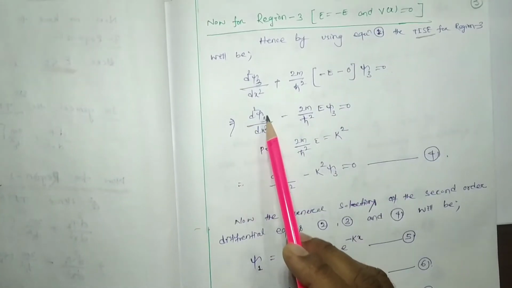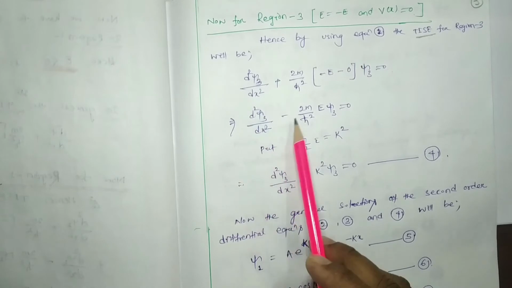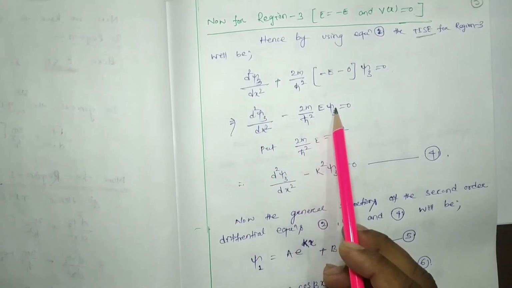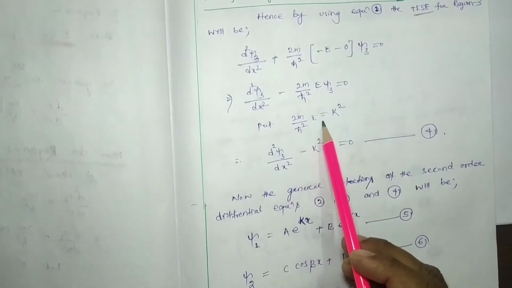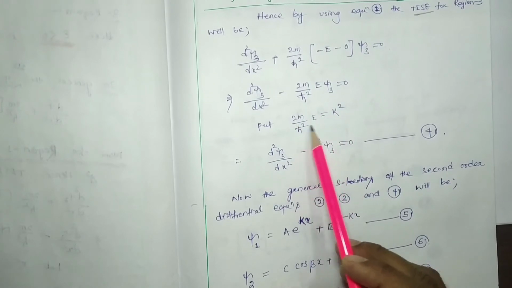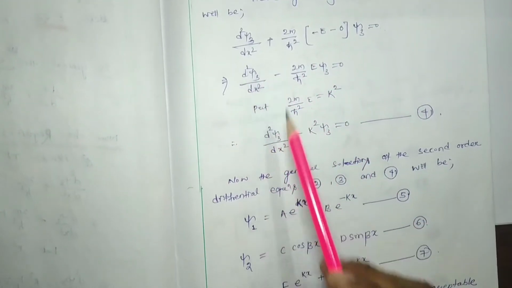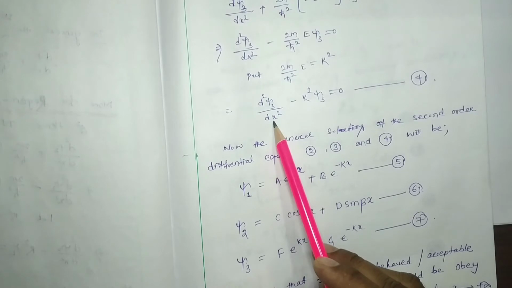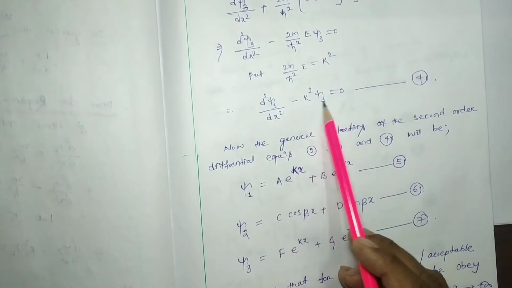So d square psi 3 by dx square minus 2m by h cross square E psi 3 equal to 0. Considering k square equal to 2mE by h cross square, this equation will be d square psi 3 by dx square minus k square psi 3 equal to 0.